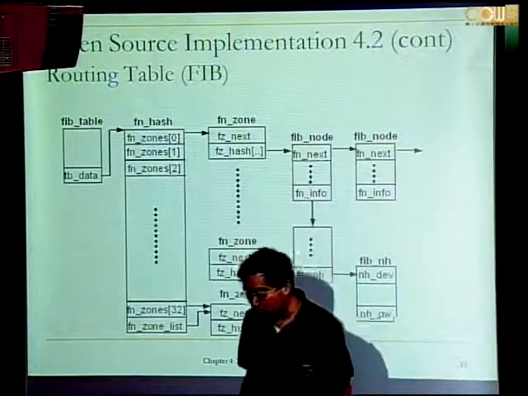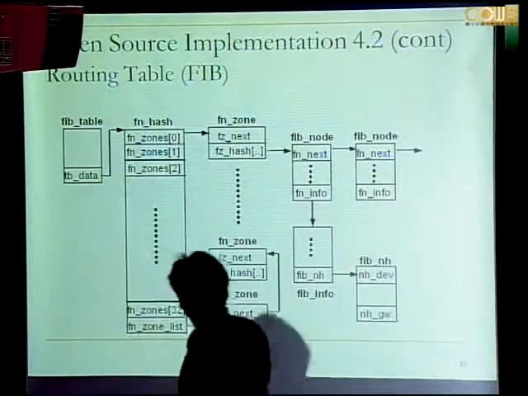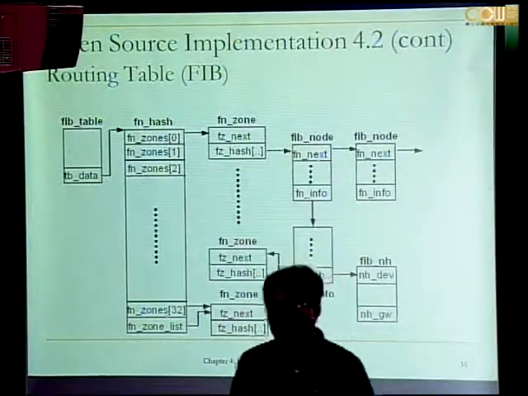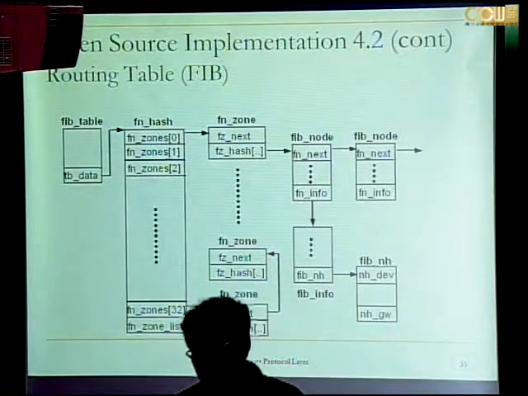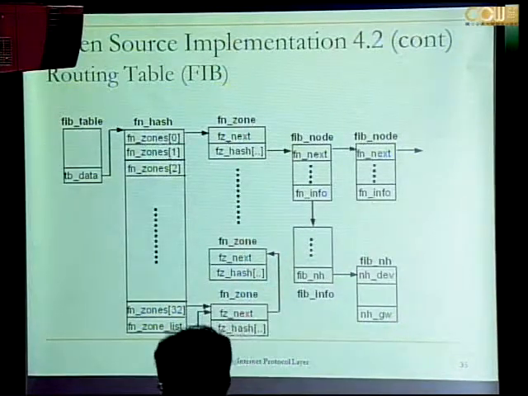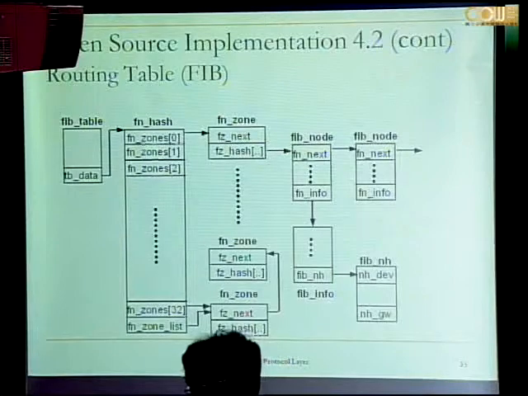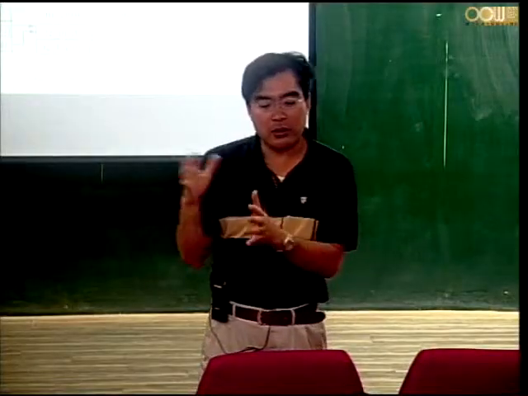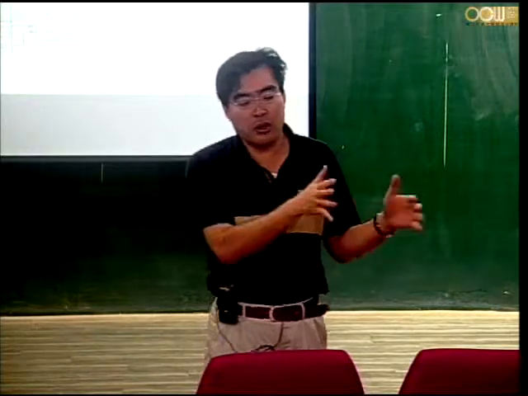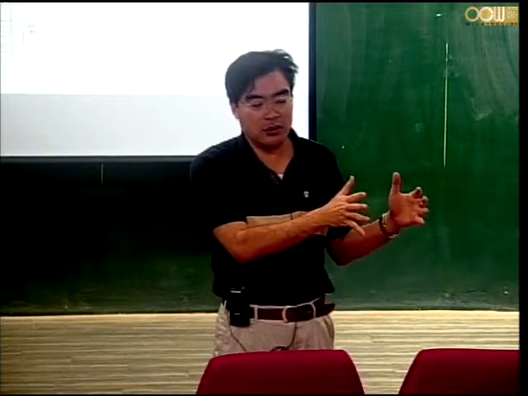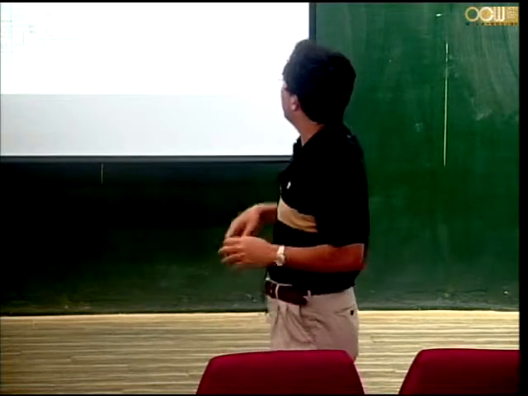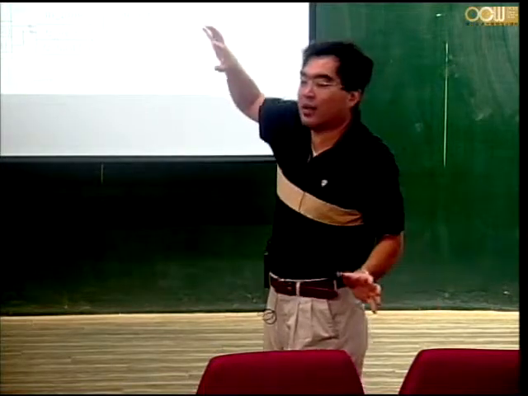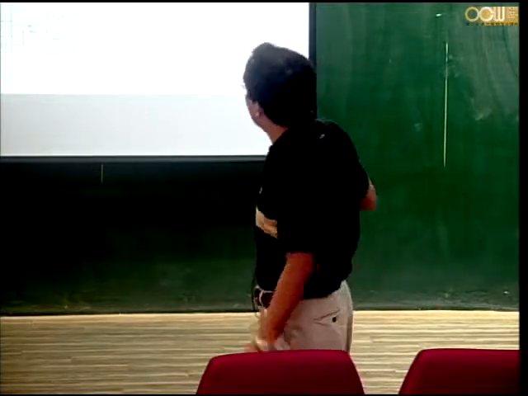So I'm organizing the routing table entries. I group them according to the prefix length. And as I said, most of them will be between 16 and 24, and all the others are likely to be null.